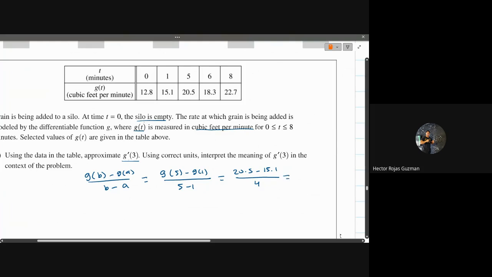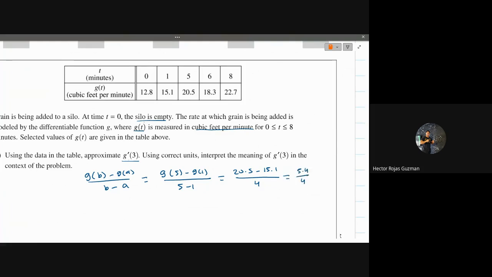If we subtract these two decimals, we get 5.4 divided by 4. I do have my calculator with me. 5.4 divided by 4 is 1.35.